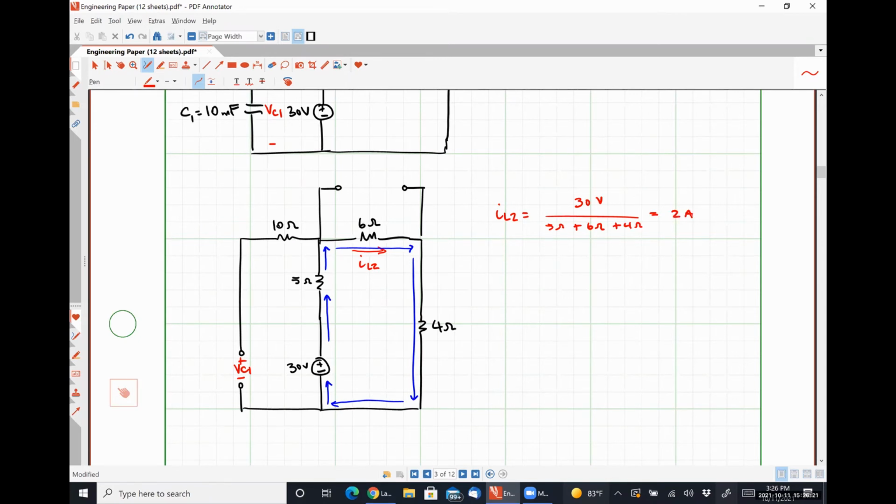So 30 volts over 15 ohms gives me 2 amps. And from here, the energy stored by this inductor is going to be 1/2 times 6 henries times 2 amps squared, which is 12 joules. Anybody have any questions, comments, concerns about that portion?